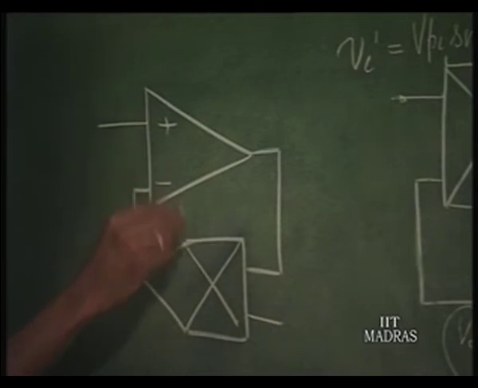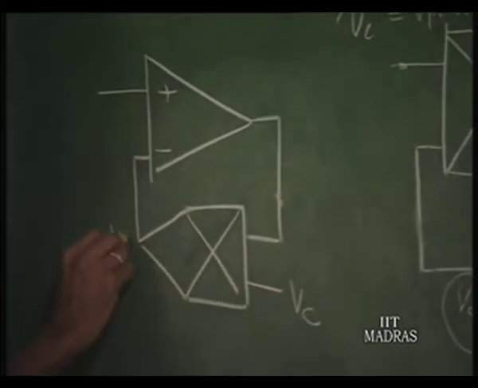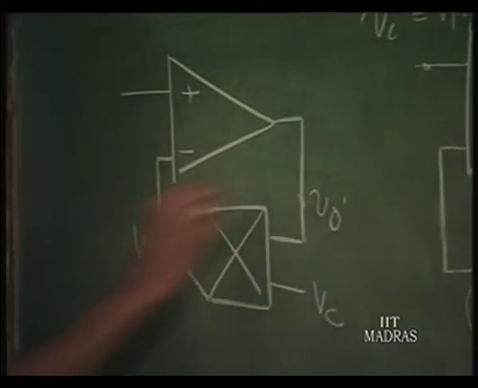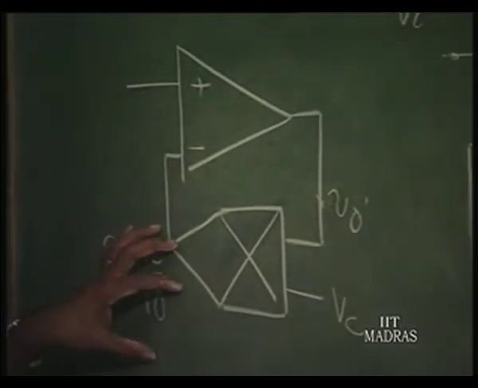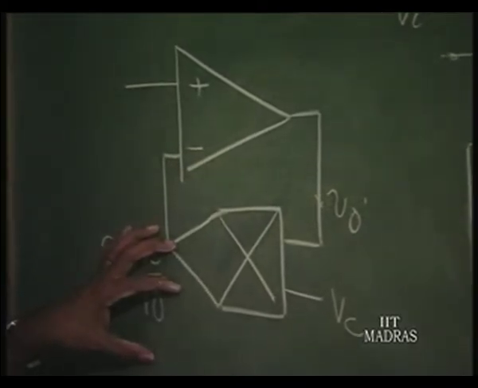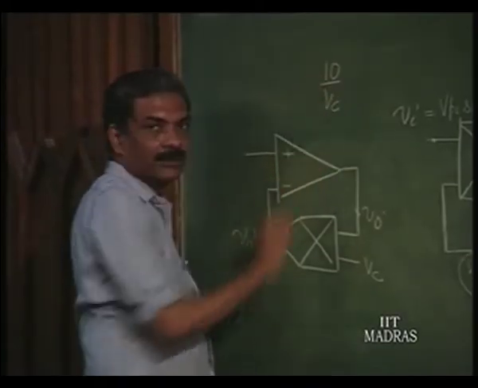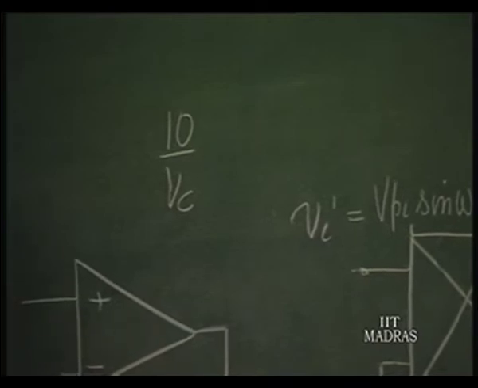Then what will be the gain? This actually is Vc, and this is Vc by 10 into V naught. So, beta factor is nothing but Vc by 10, or gain of this amplifier is 10 by Vc. So, by controlling Vc, I can control the gain.